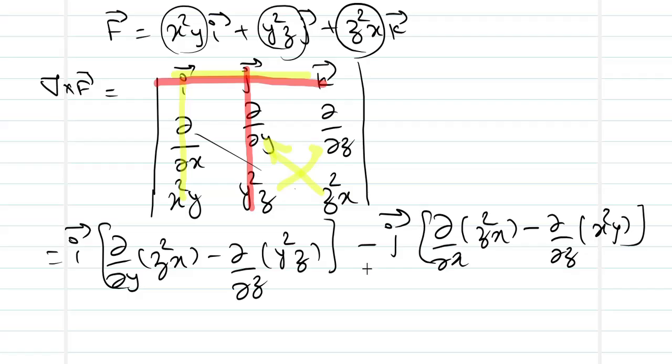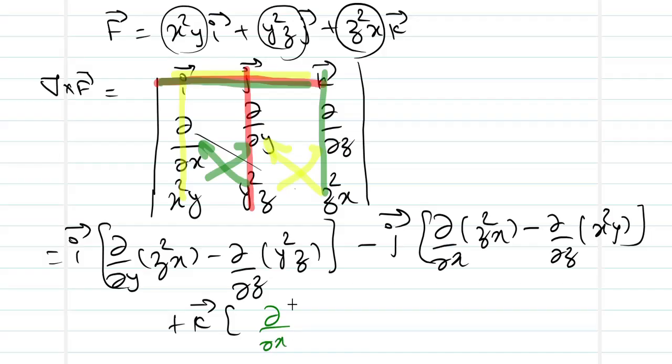The third and the last component, k times of. How to go about it? So hide your row and hide your column for the last component, cross multiply the remaining two. So in which case you will be left with dou by dou x of y square z minus dou by dou y of x square y.